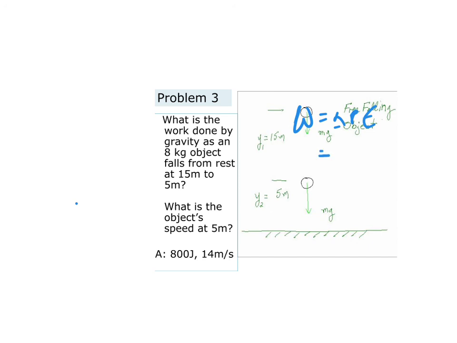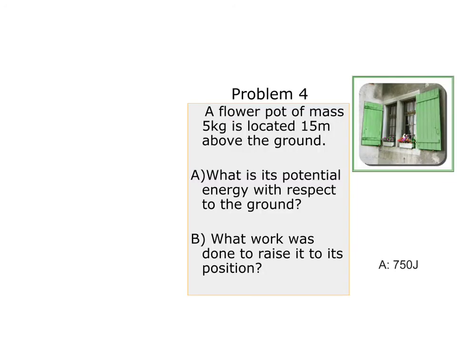And of course, you can get the change in potential energy by looking at mg delta H, or potential energy 2 minus potential energy 1. When you look at that, hopefully you'll get 800 joules. In order to figure out the speed, we can assume that work done was transferred into velocity, and we can solve as we did for the previous one.